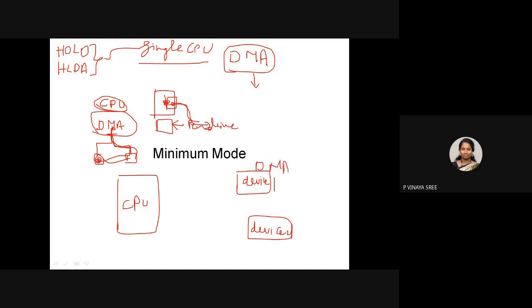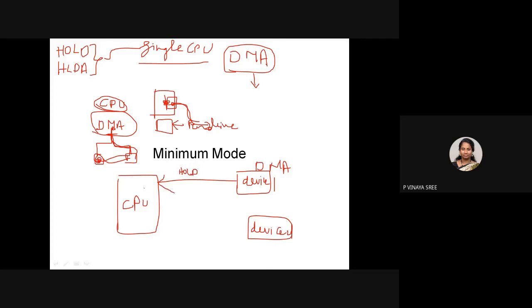So it has to give a request to the processor to please release the system bus, so that I will be using that system bus for transferring of data. So it will give a request, hold. Whenever it is giving hold, the direction is from DMA to the processor.